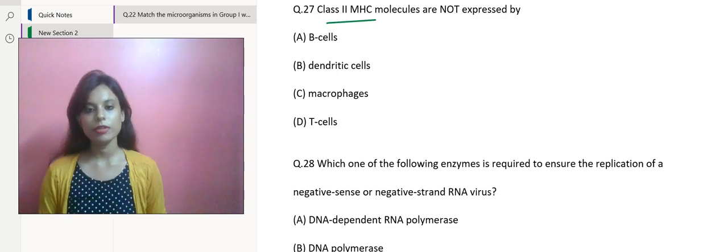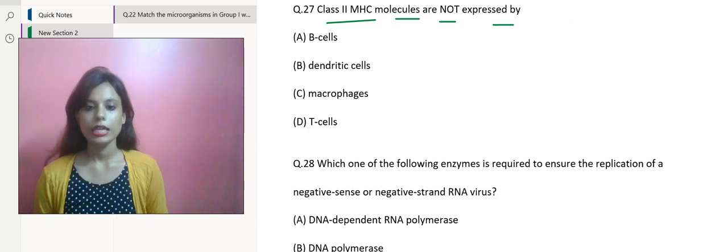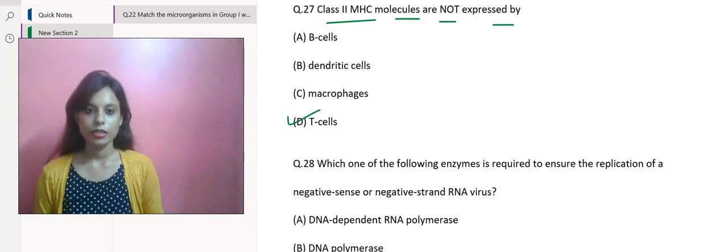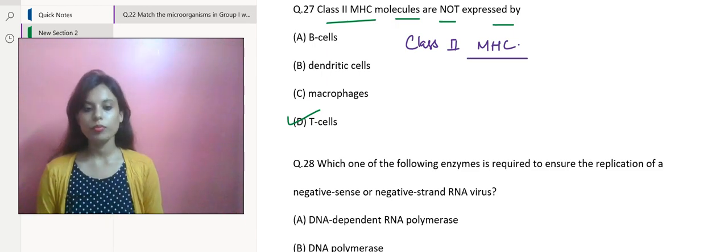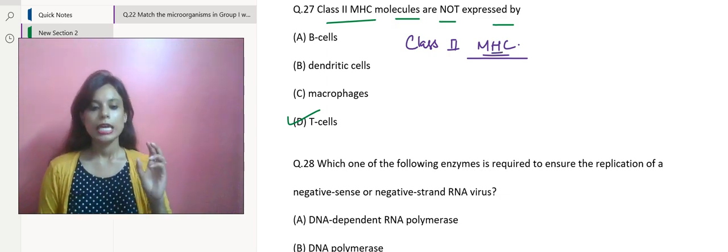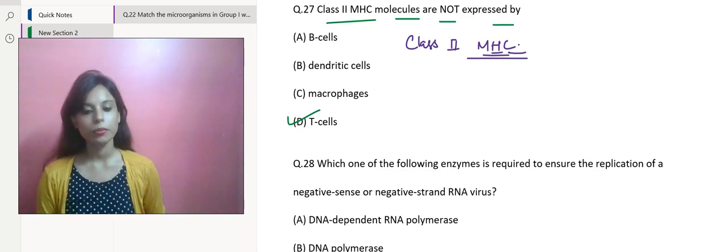Class 2 MHC molecules are not expressed by which one? It is not expressed by T cells. Okay. Now talking about class 2 MHC molecules. Okay. Class 2 major histocompatibility complex. That's the full form. Major histocompatibility complex. That is what the full form is.